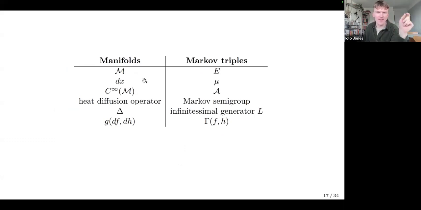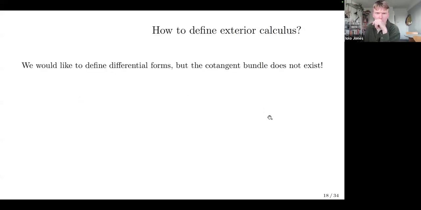To spell it out some more: the manifold becomes a measure space, the volume form becomes a measure, the smooth functions become this algebra A, the heat diffusion on the manifold becomes a general Markov semigroup, the Laplacian becomes the generator of that semigroup, and the metric becomes the Carré-Duchamp that we can build through it.